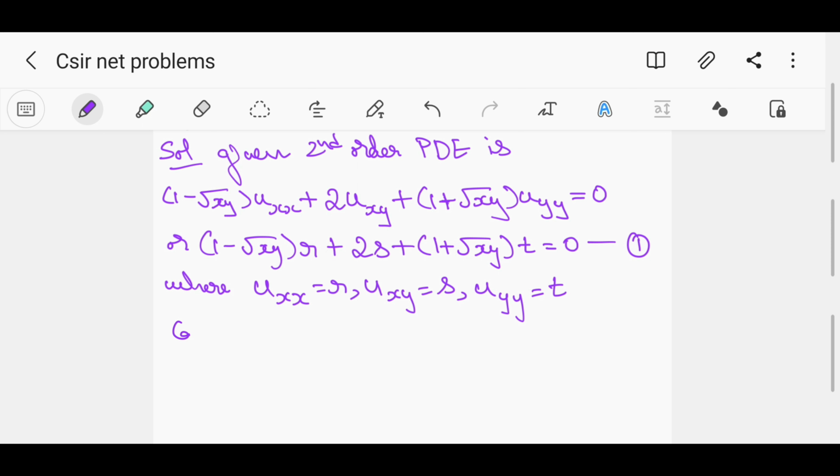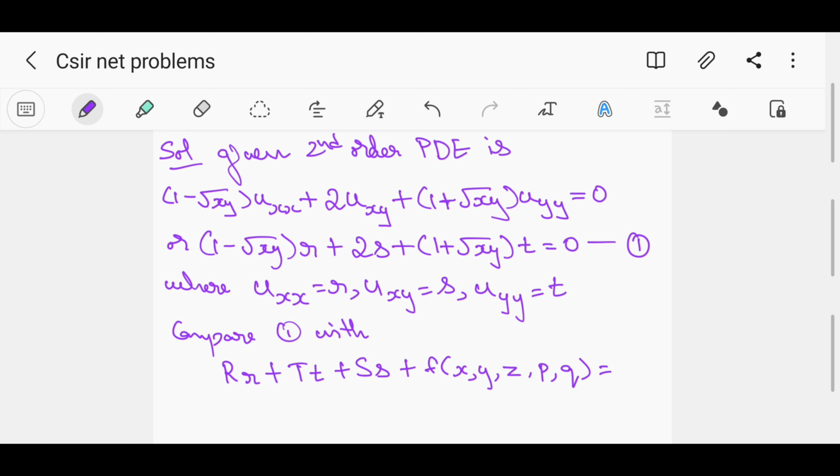Now we will compare equation 1 with the general form of the partial differential equation, which is capital R into small r plus capital S into small s plus capital T into small t plus a function of x, y, z, p and q, which is equal to 0. Let this be equation number 2.